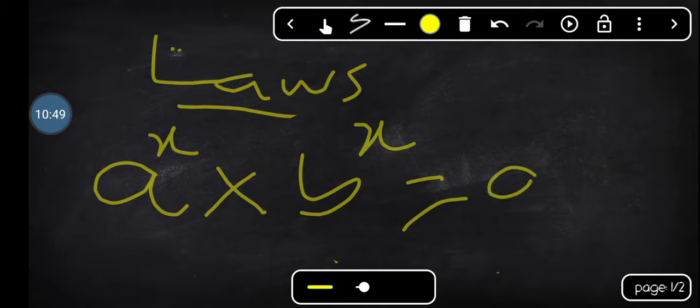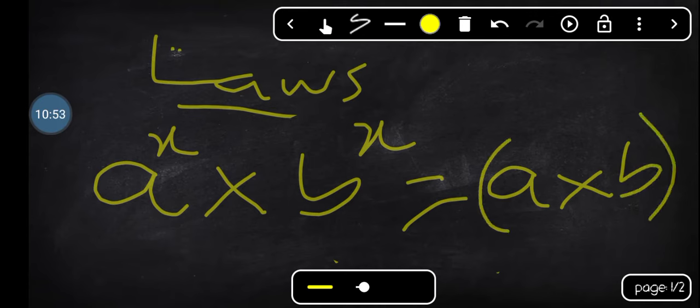So we are going to have a times b, everything raised to power x. That is fundamental, very, very important.